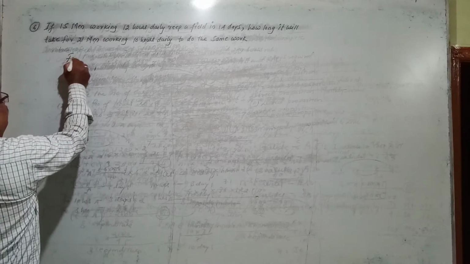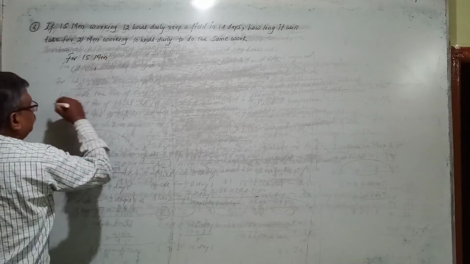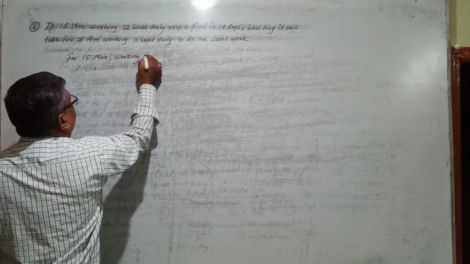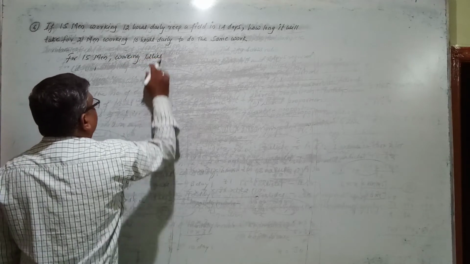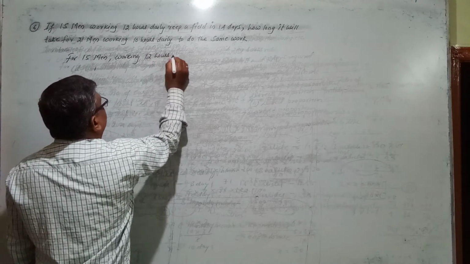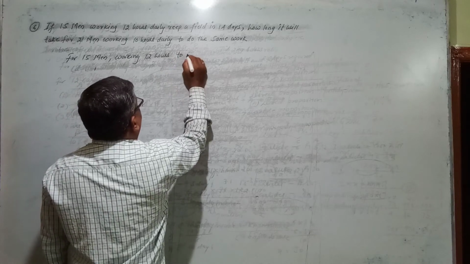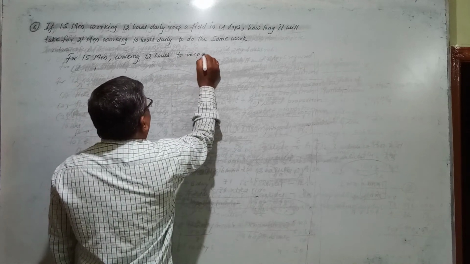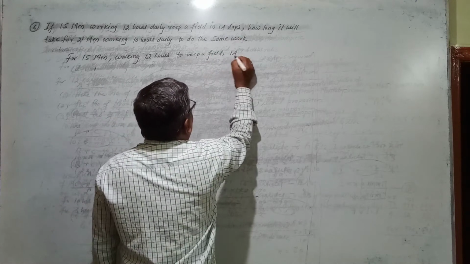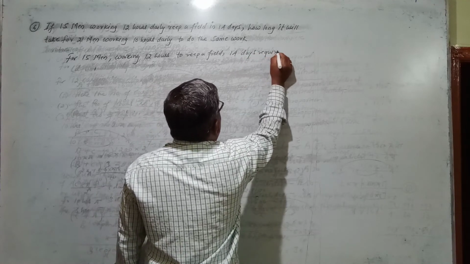So the equation will be: for 15 men working 12 hours to reap a field, how many days are required? 14 days are required.